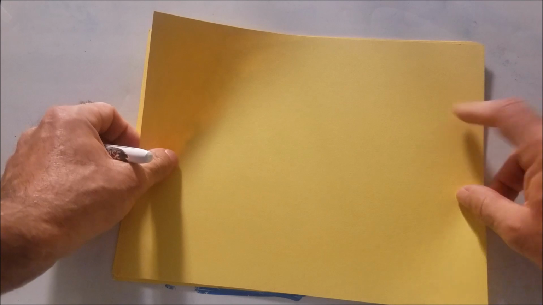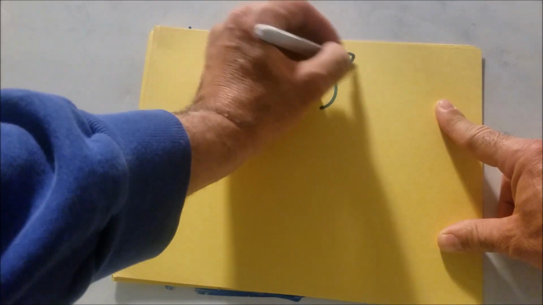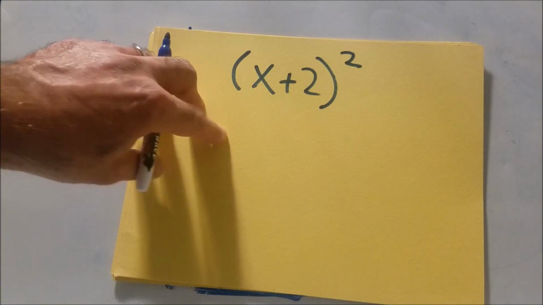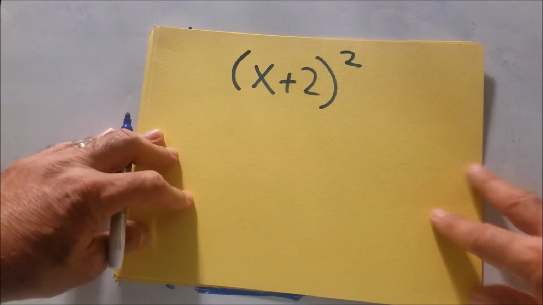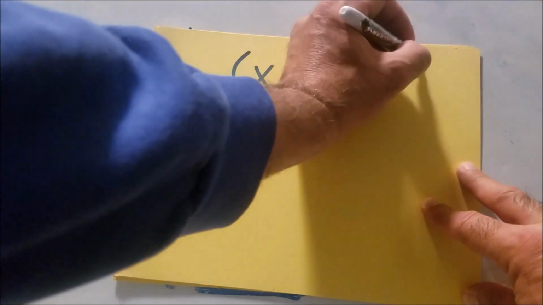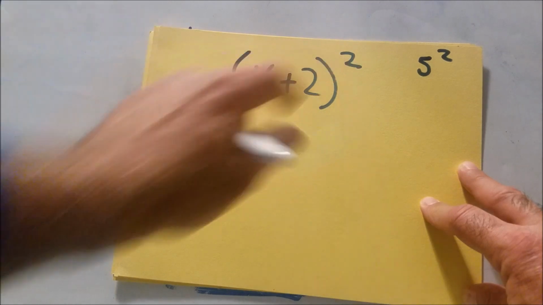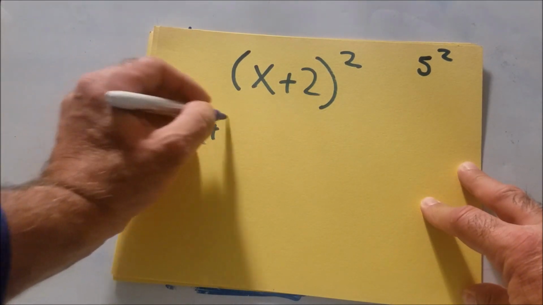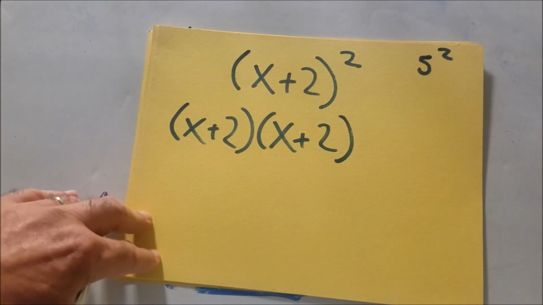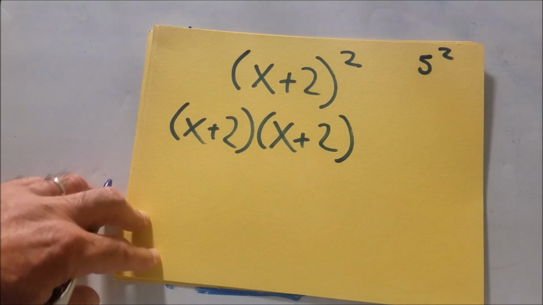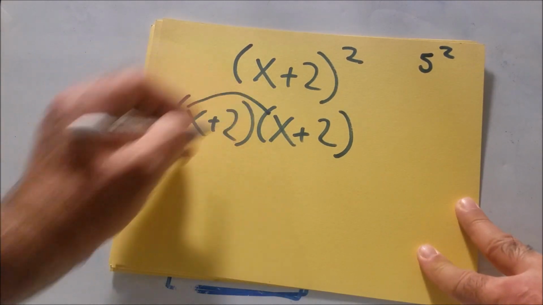If you ever see something like x plus 2 squared, or anything squared like that, well, it's the same as if we did 5 squared. 5 squared is 5 times 5. So x plus 2 squared is x plus 2 times x plus 2. That's all it is. And just perform FOIL, right? So x times x is x squared.